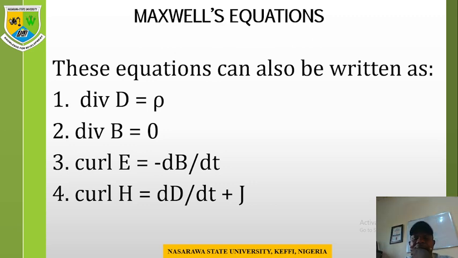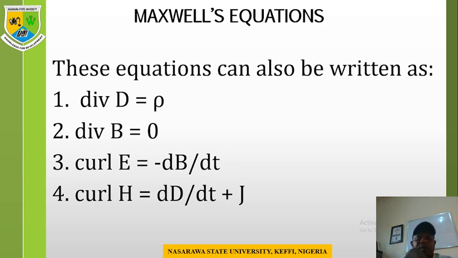These equations can also be written in the following form. The first one can be written as divergence of D is equal to rho. The second one can be written as divergence of B is equal to 0.